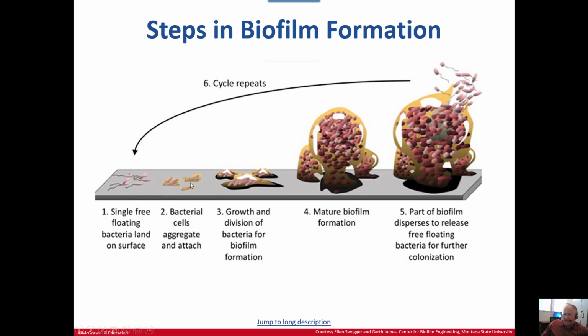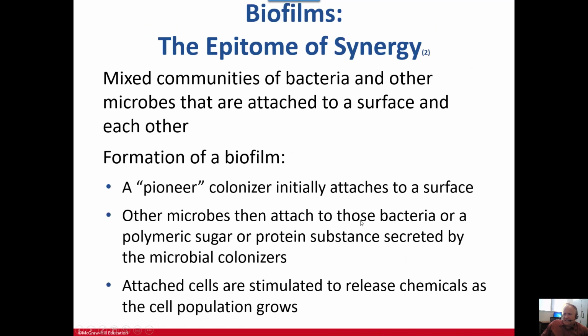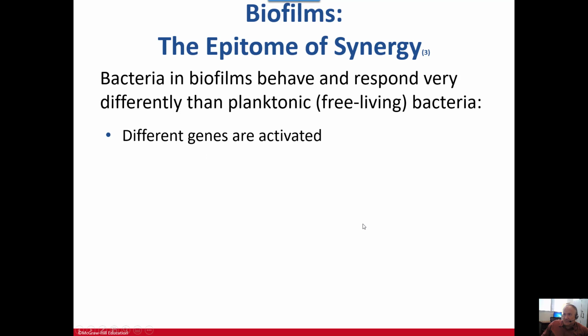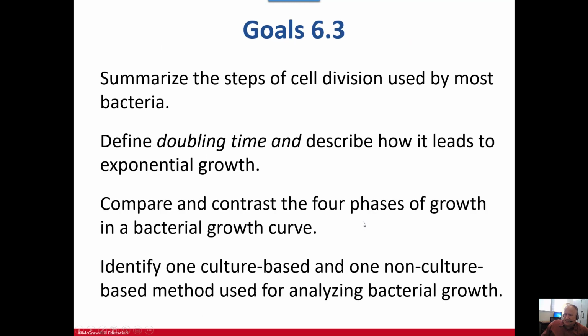And then more bacteria come in, and we start to see the biofilm forming, and then next thing you know, you've got a whole bunch of stuff that needs to be cleaned off your teeth, and that's sort of the biofilm. And again, synergistic reactions with multiple different types of microorganisms. Different genes are expressed from these organisms.